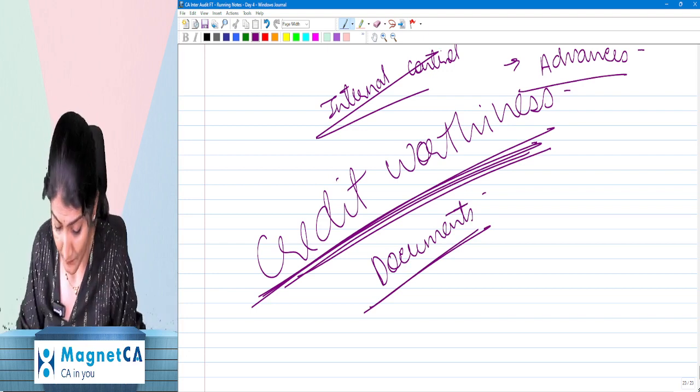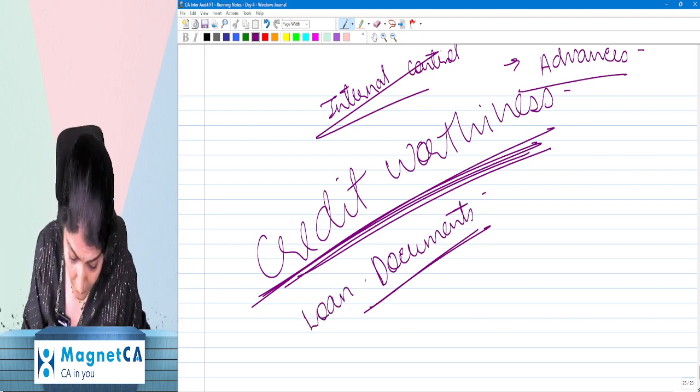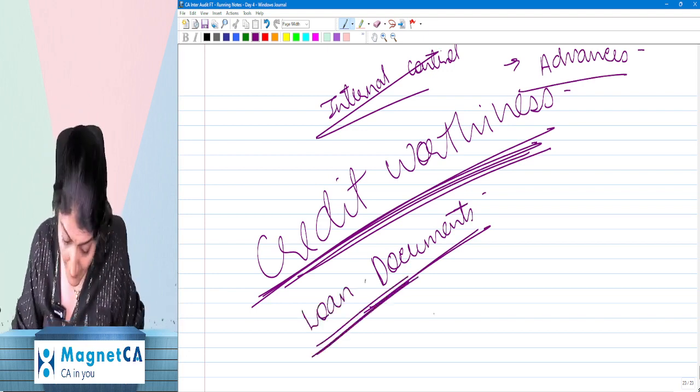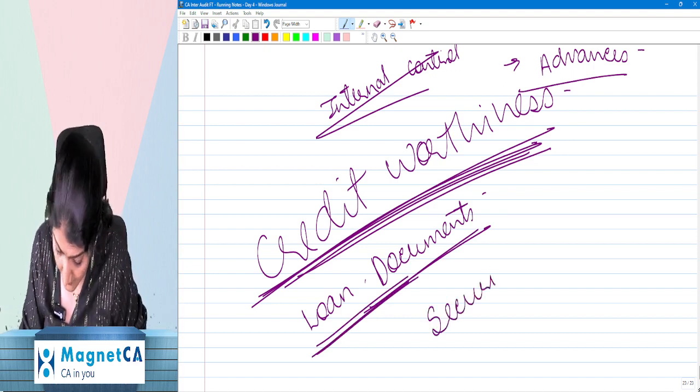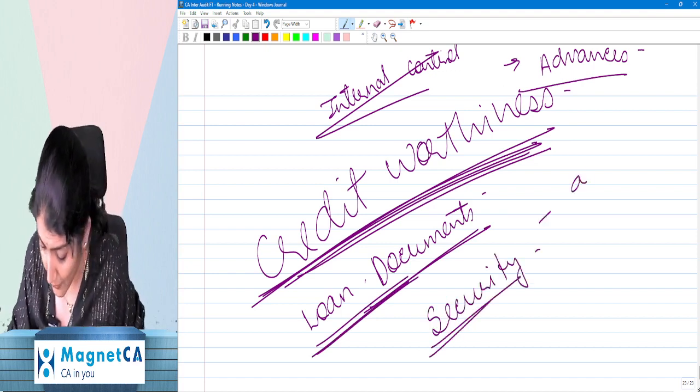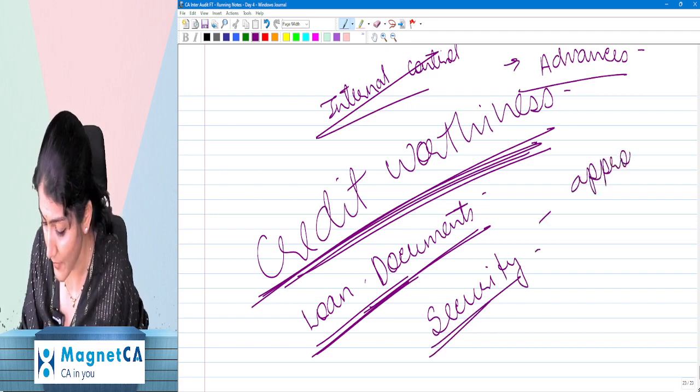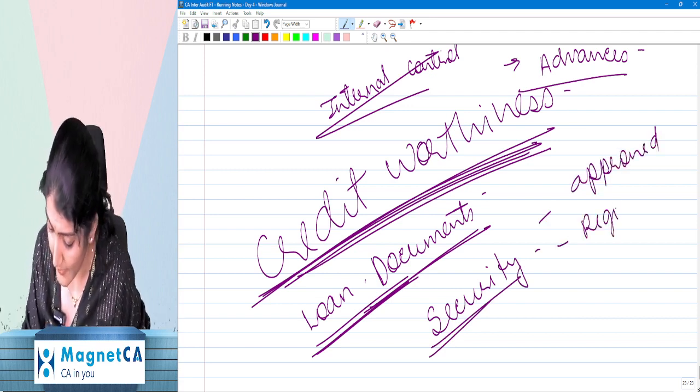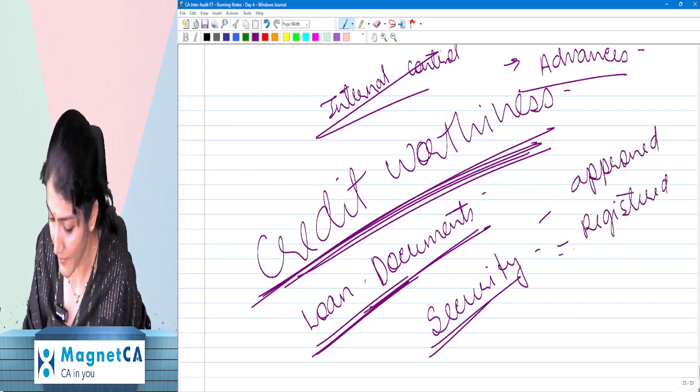So the bank will ask for a lot of documents. Then the bank will also ask for security. The bank will also check whether the security is approved and also register it in the name of the bank if it is required to be registered.